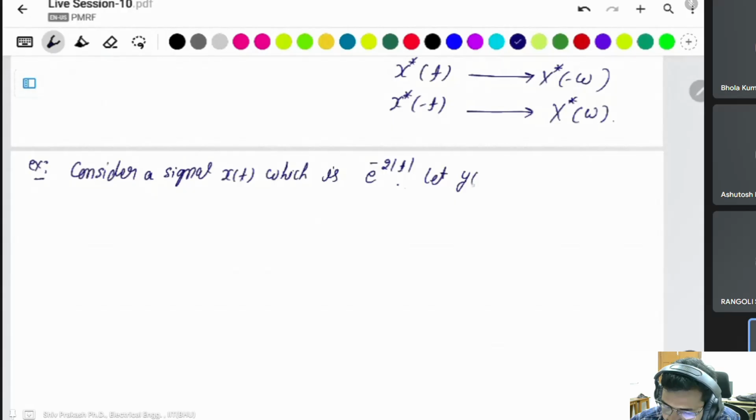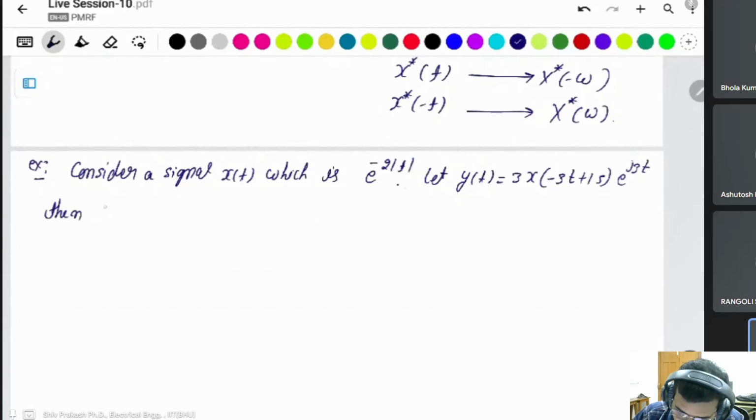Let yt be equal to 3x of minus t plus 15 into e to the power of j3t. Then what is the magnitude of Y of omega at omega equal to 2 radian per second?